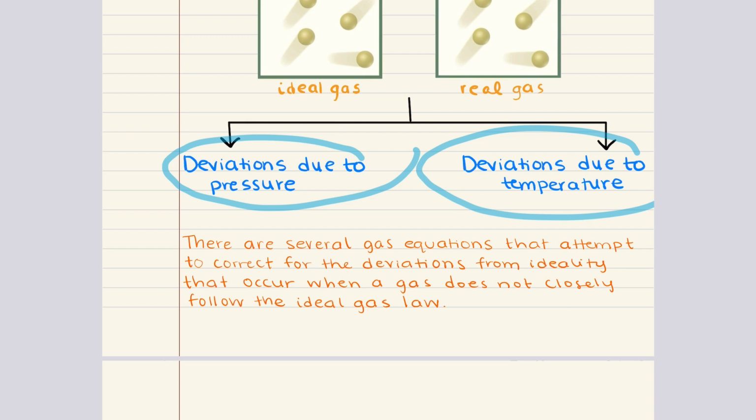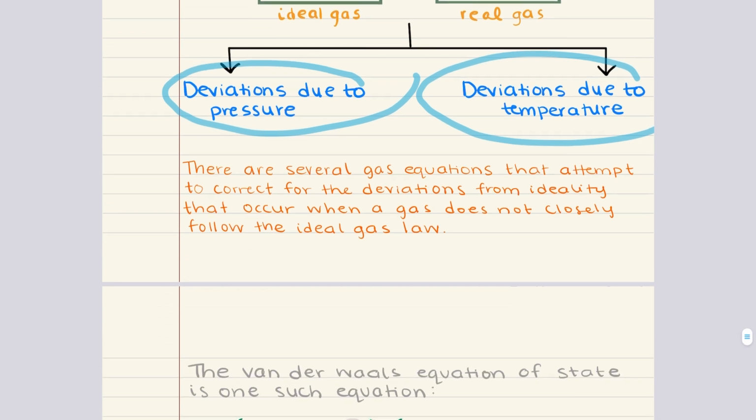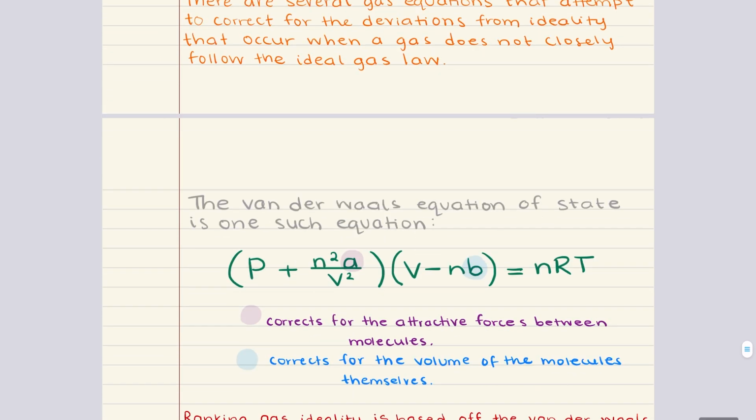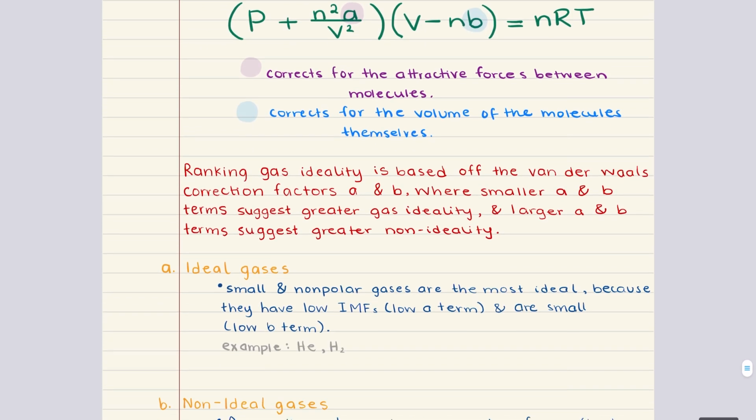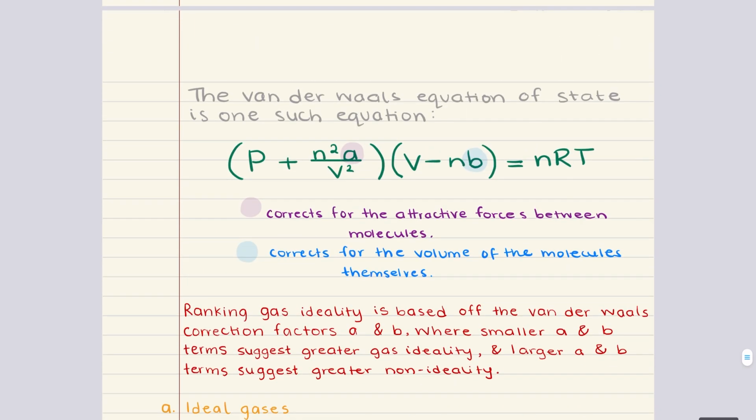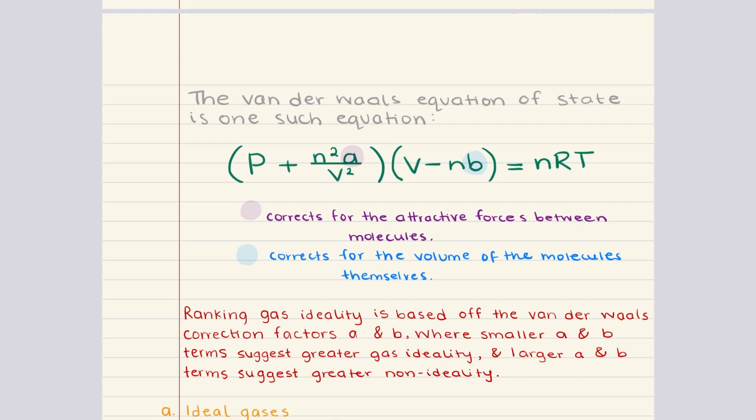So to correct for these non-ideal behaviors, we need a more advanced equation than the ideal gas law. And this brings us to the van der Waals equation. The van der Waals equation is a modified version of the ideal gas law that accounts for the volume of gas molecules and the attractive forces between them.